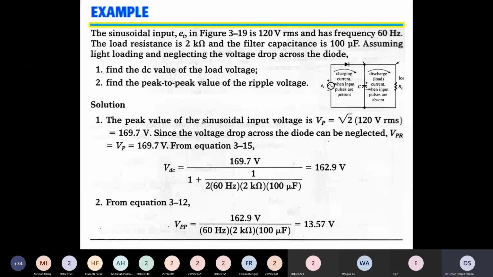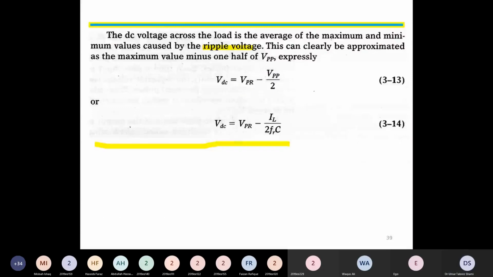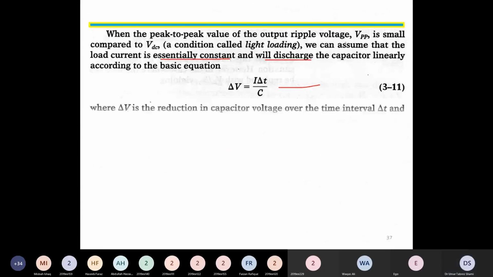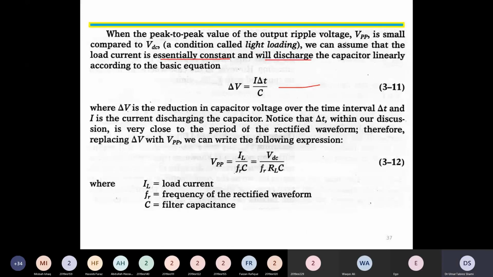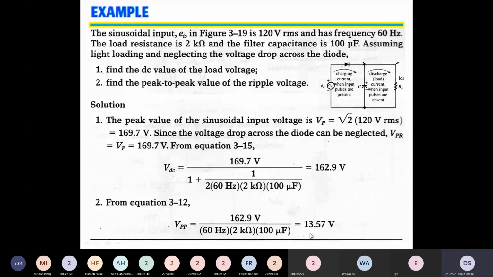We will find the ripple voltage by using equation 3.12. 3.12 is V peak to peak, which is essentially our ripple voltage, equal to V DC over f R L C, that is the frequency, into R L, that is the load, into C. So this is equation number 3.12, and we are using this equation to find the peak to peak value of ripple voltage.